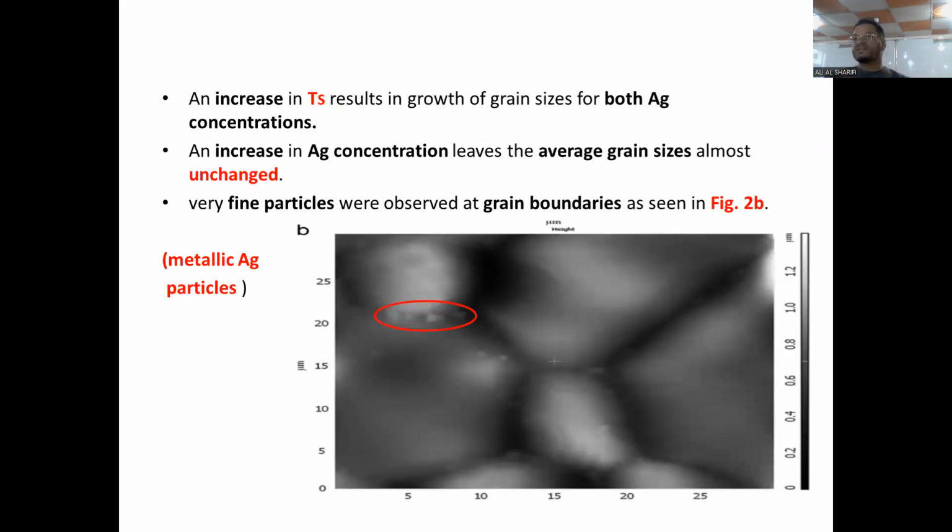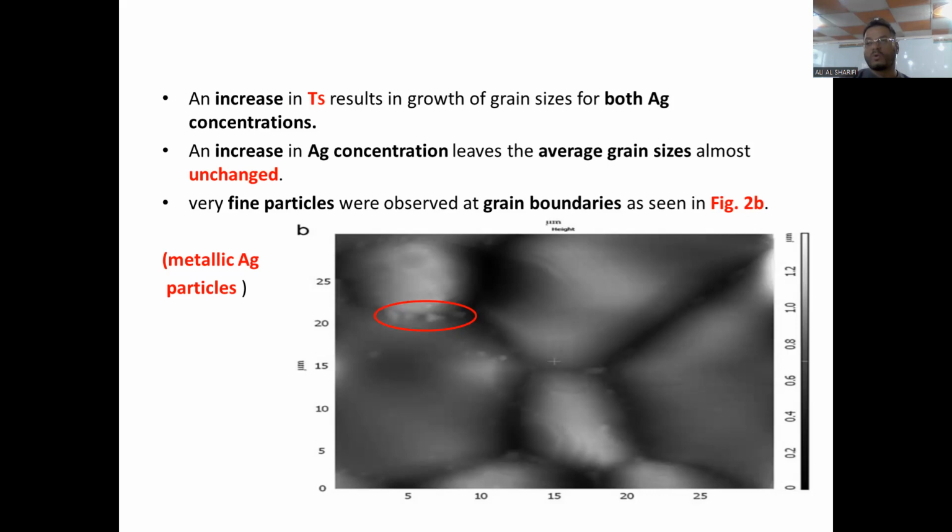Here we will see something strange, like impurity, between the grain boundaries. Here we are seeing strange particles between the grain boundaries.